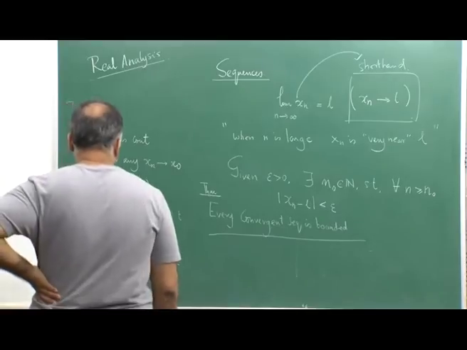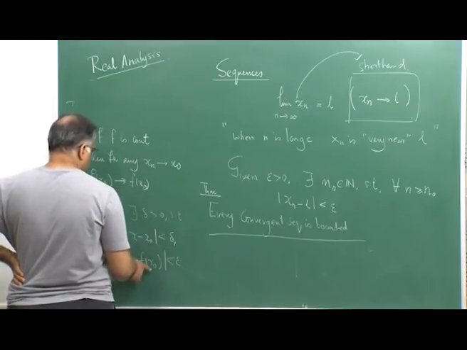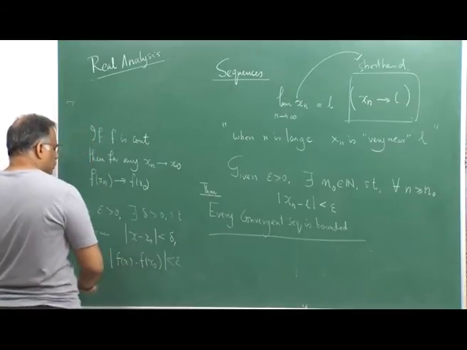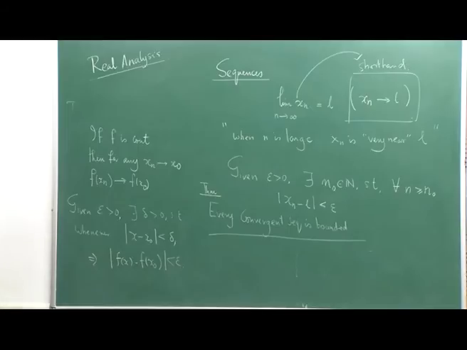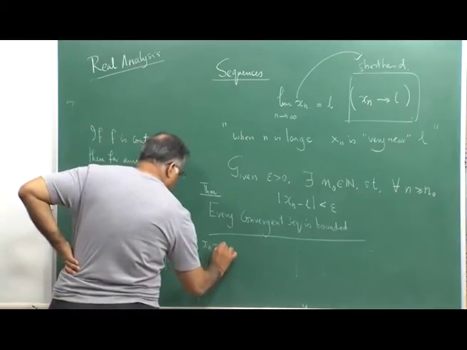Now, because I know that f is continuous at x naught, given any epsilon this is true. I also know that x_n is going towards x naught.